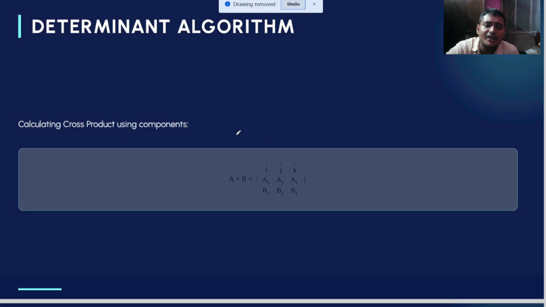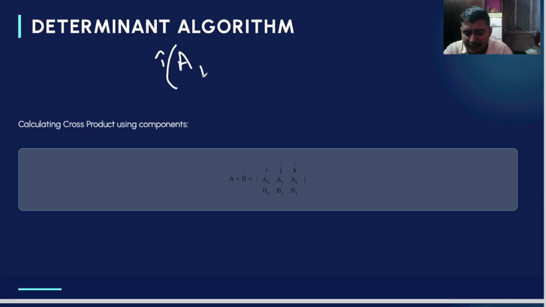If I solve it over here, the i cap term can be represented as a y bz minus by az.